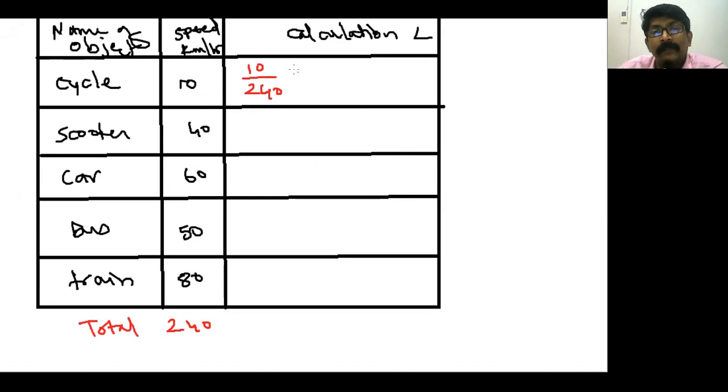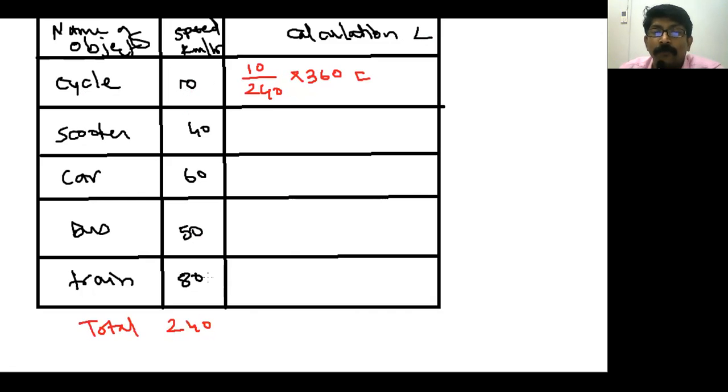So out of 360 is how much? That's the basic calculation we need to understand, and then you'll get the central angle. So you can simply do this: whatever this number is divided by total, into 360, will give you the central angle. You understood, students? I'll repeat. Whatever this number is, let's say the cycle speed is 10 kilometer per hour.